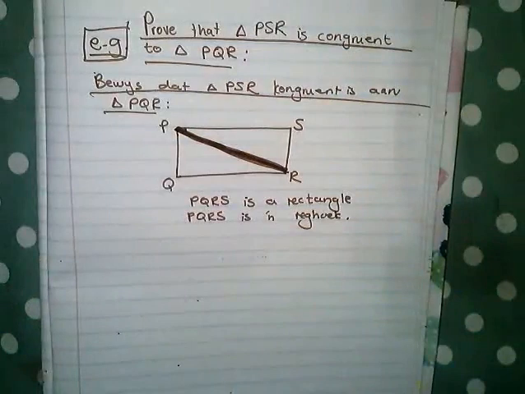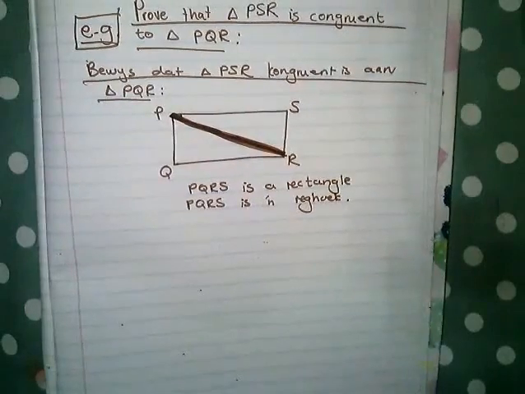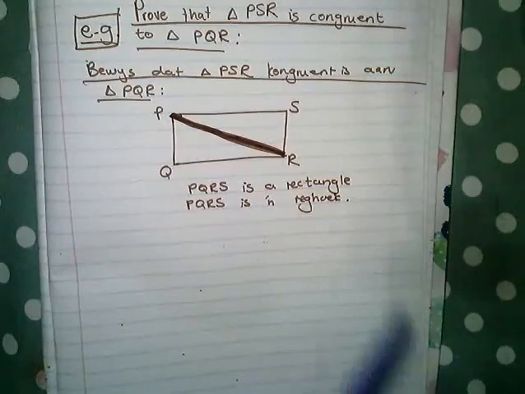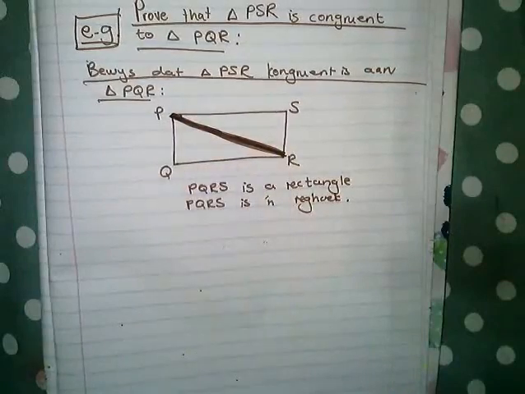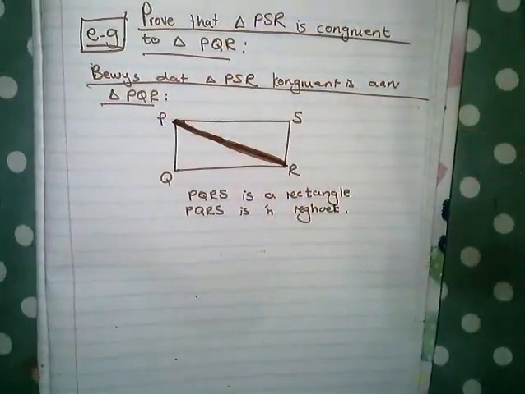Now, before we even try to prove that they are congruent, we try to see just what angles we can see are equal, what sides are equal. Okay, so we do that first before we try to prove anything in regards to the congruency of these triangles.